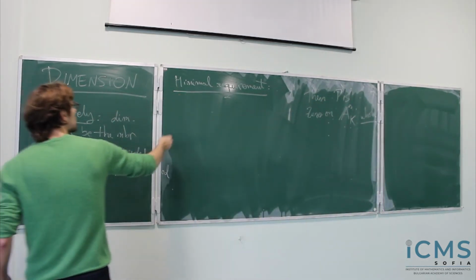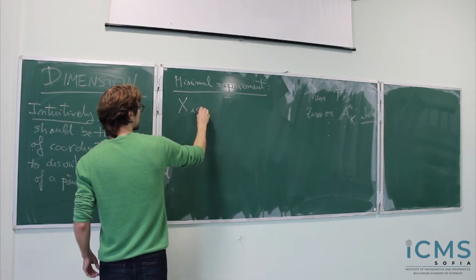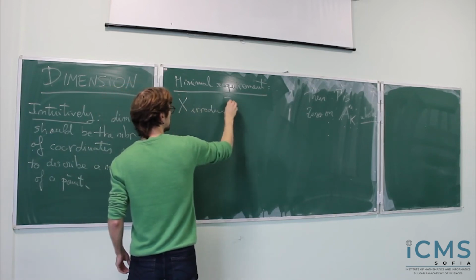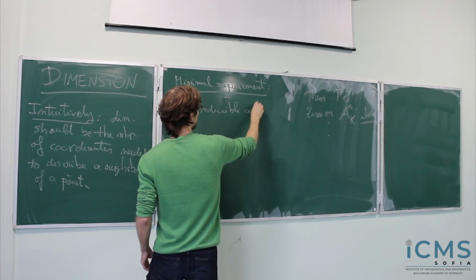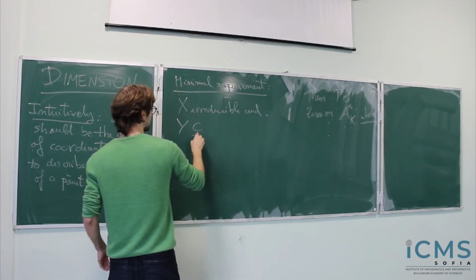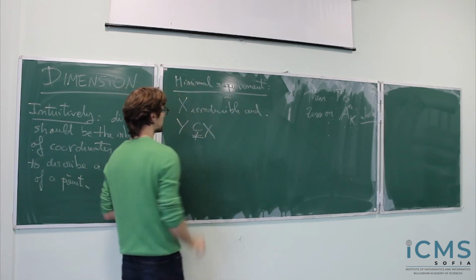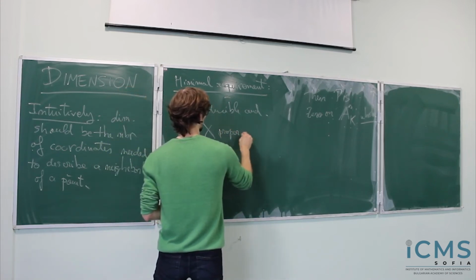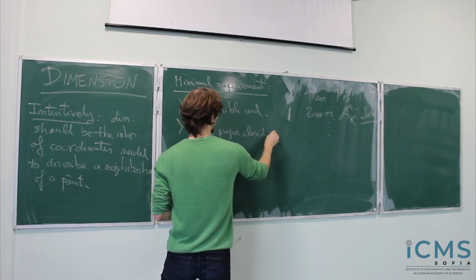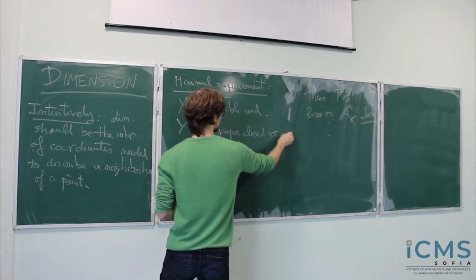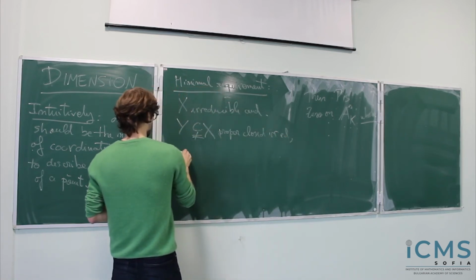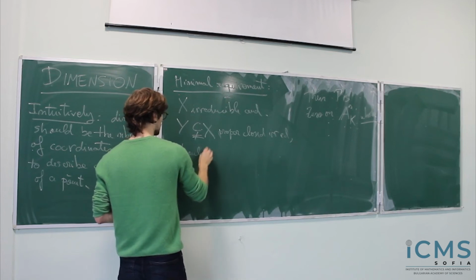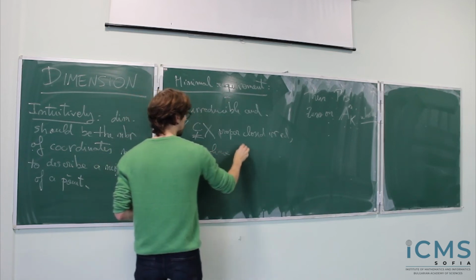Okay? So, X irreducible and Y inside of X a proper closed subset, irreducible, should have lower dimension.